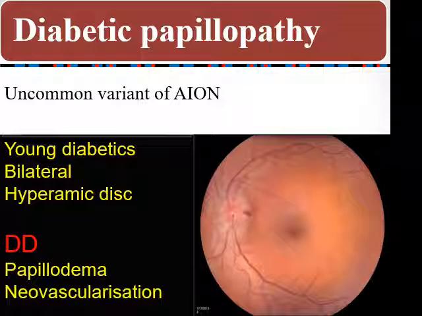The disc is hyperemic with multiple telangiectatic capillaries on the surface. These telangiectatic capillaries may be mistaken for new vascularization. The prognosis is very good.